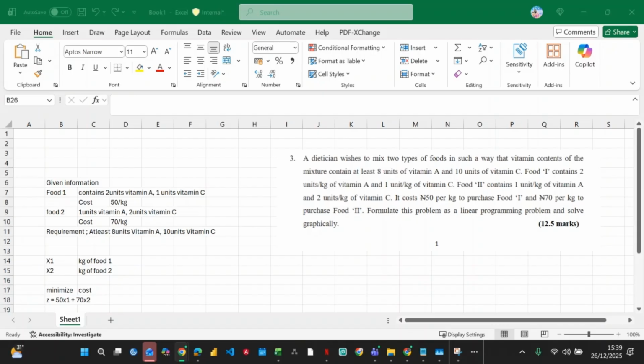The idea of everything I want to do is to minimize my cost of production. That's what it means. So when they want to do that, they use linear programming. I did this in my 300 level course, operations research, when I was in university.